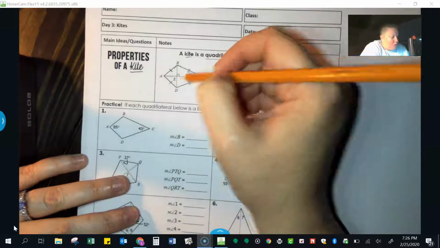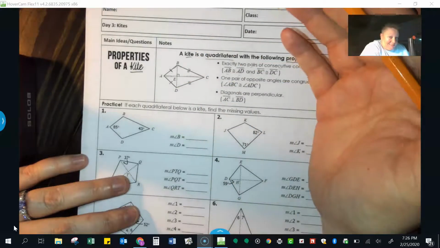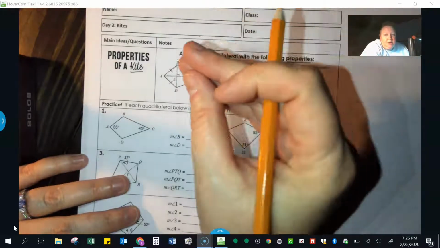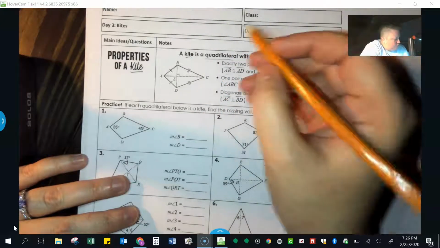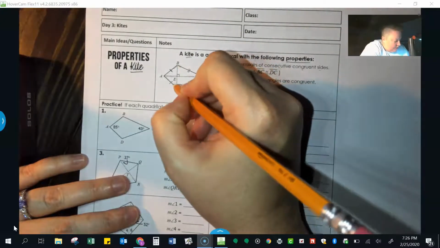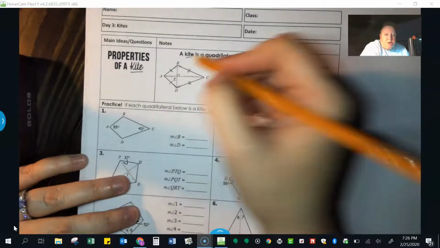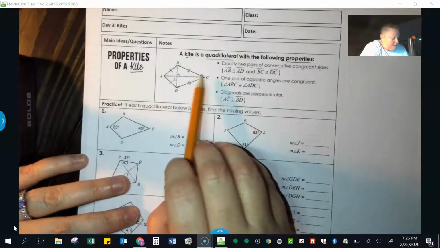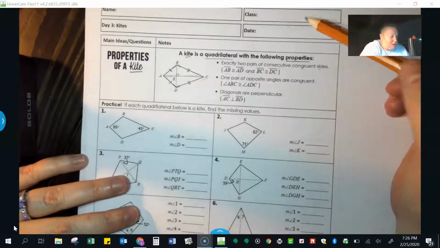And when you fold it, it's a line of symmetry. In other words, you know it's a line of symmetry because when you fold it, the two halves will match, okay? And so the angles that are opposite each other that go across that line of symmetry, they're congruent to each other. These are not. Angle A is not congruent to angle C, but angle B is congruent to angle D.